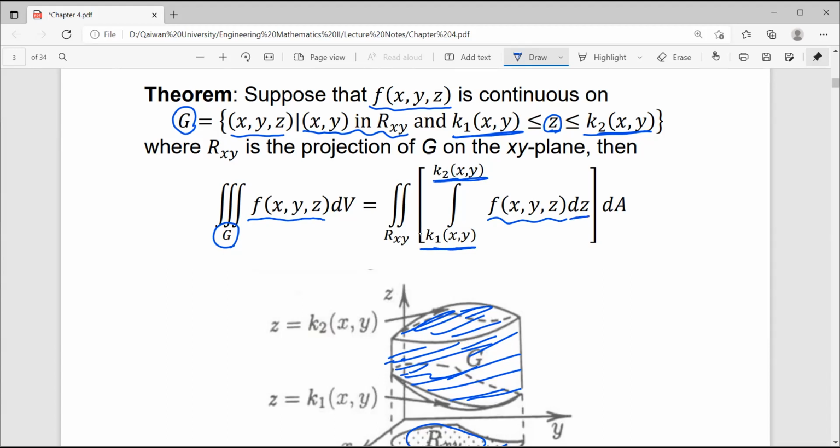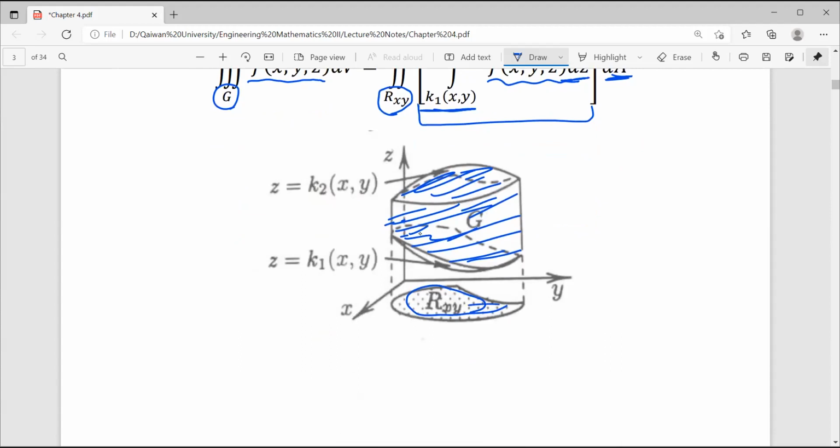We first take the integration with respect to z, since z is from a function to another function. This is the first integration. Then we have dA over the region R_xy. We are going to find x from this point to that point, and y from this to that.